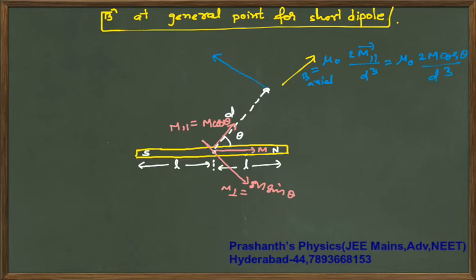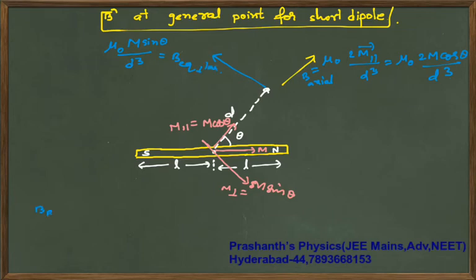And for the perpendicular part, m sin theta, it is on the equatorial line. Equatorial line, it is opposite to the dipole moment. So B equatorial will be in this direction, so it is mu naught times m sin theta by d cube. Equatorial line or perpendicular bisector, what you call it is up to you.